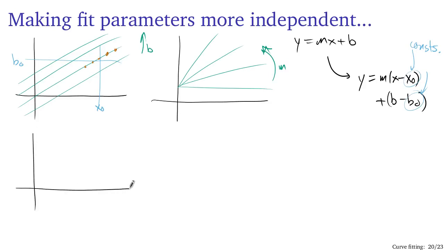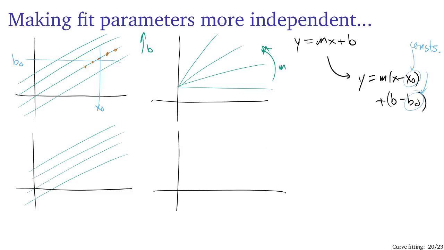The corresponding plots for changing b and changing m would look something like this. Changing b is still going to shift everything up and down, but changing m now will be shifting things like that around perhaps the center of my data set.